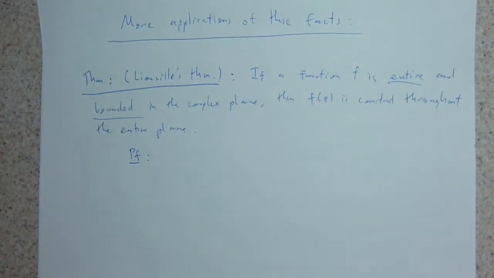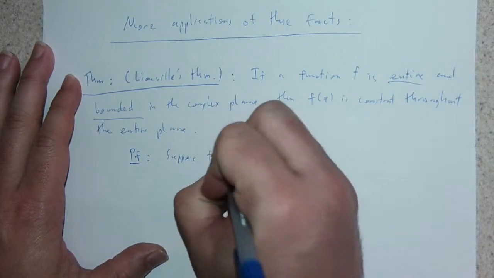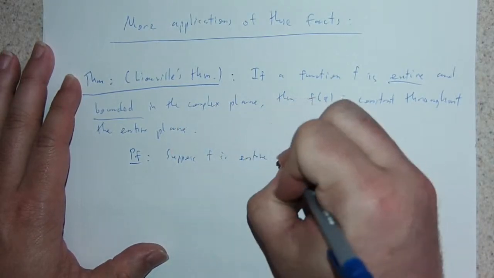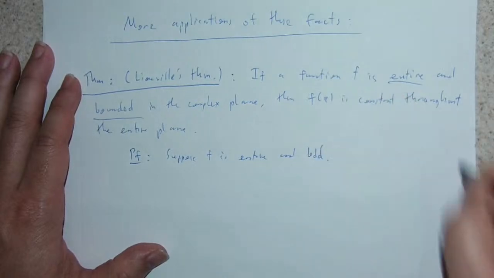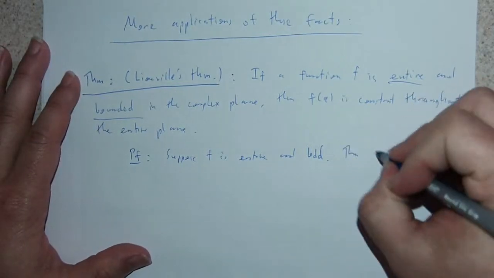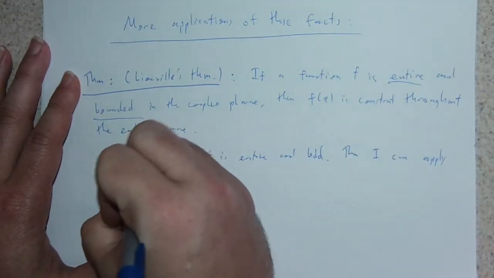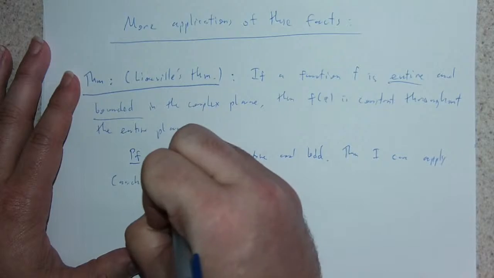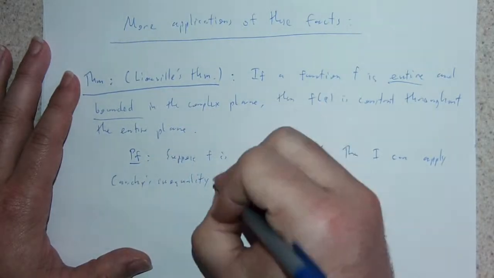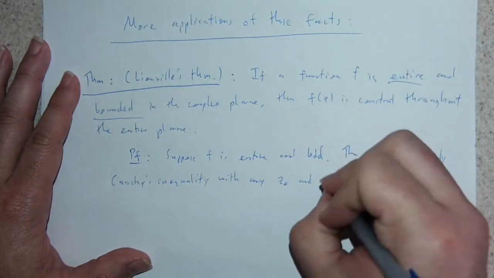Well, suppose f is entire and bounded. Then I can apply Cauchy's inequality with any z naught and r as my choice.